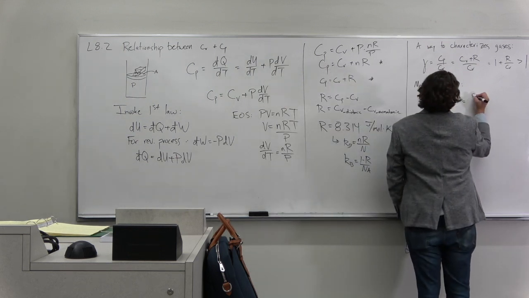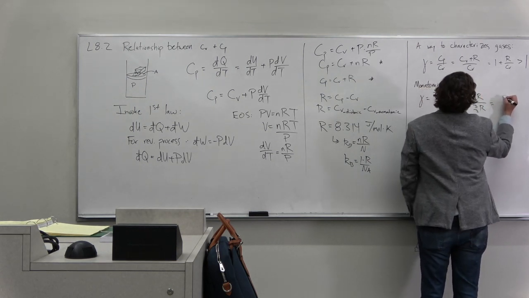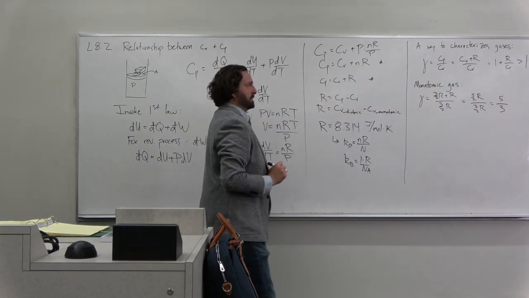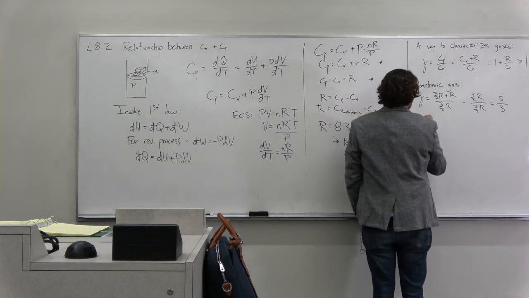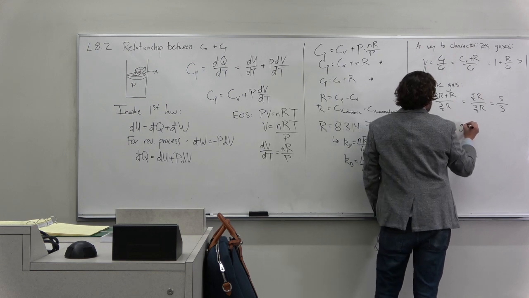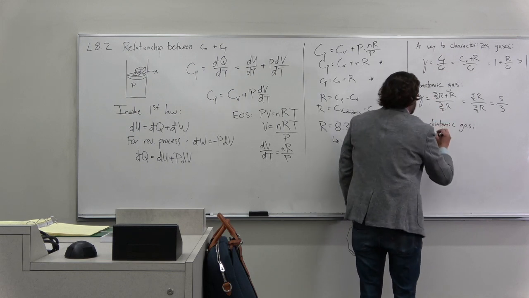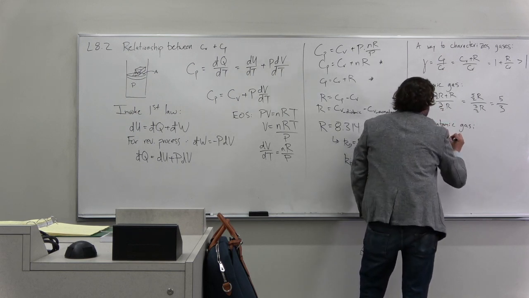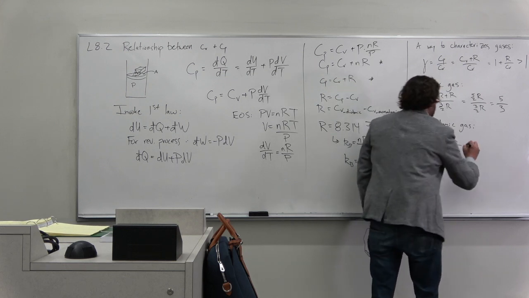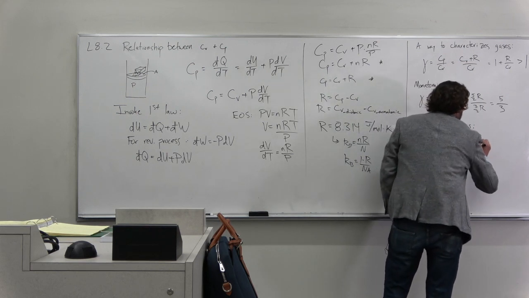So this is 5/2 R over 3/2 R. So this is 5 over 3. And for a diatomic gas, right, gamma, well, we had that it was 5 degrees of freedom, so it was 5/2 R plus R over 5/2 R. So that is 7/2 R over 5/2 R. So that's 7/5.